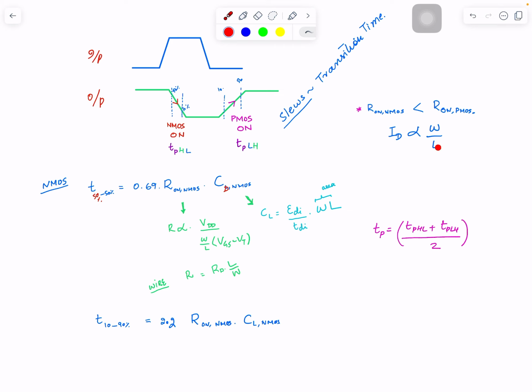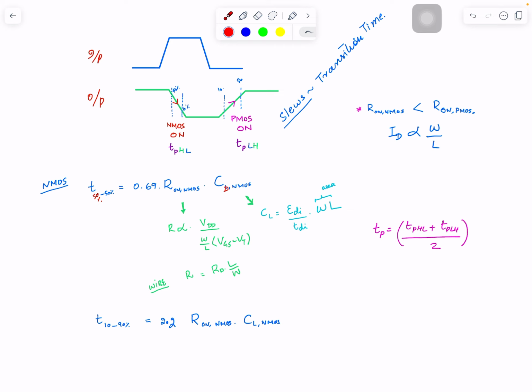That will give more current and equate the overall current and resistance by making PMOS much wider. Some of the technology parameters I've used, like K dash, will be different for PMOS, and that makes PMOS current slower. Got it?